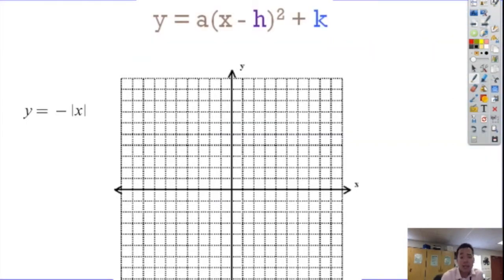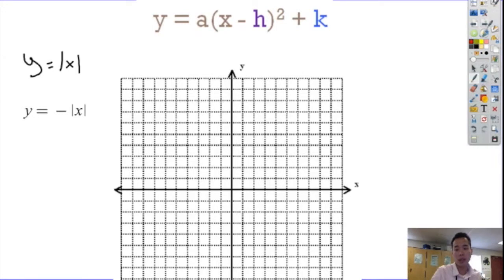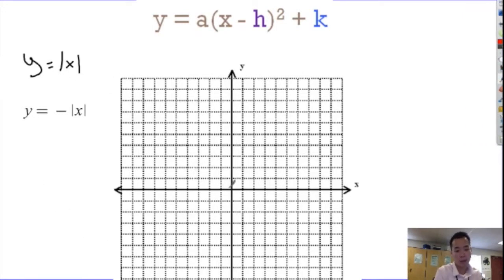I do want you to get this example down. y is equal to negative the absolute value of x. The first thing you want to do is always sketch the parent function. The parent function for this will be y is equal to the absolute value of x. We're going to sketch it in black. We know that the parent function of y equals the absolute value of x starts at 0, 0.